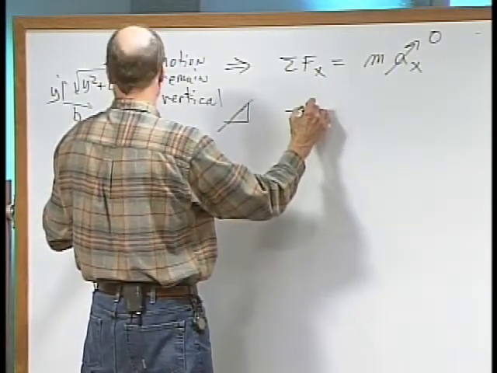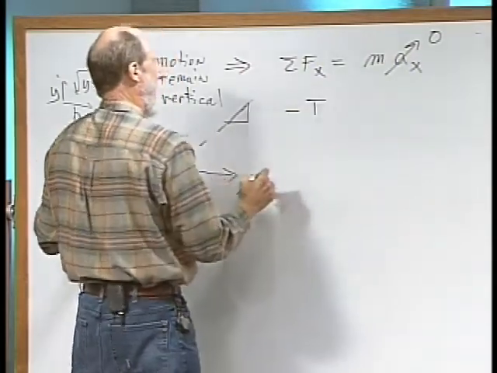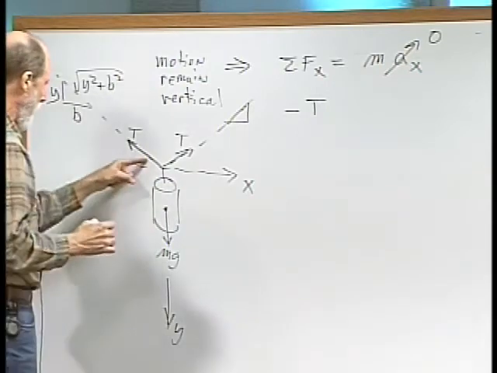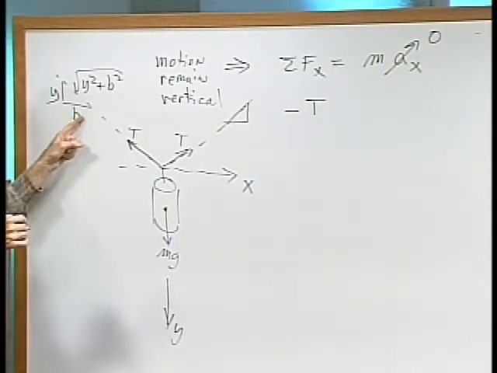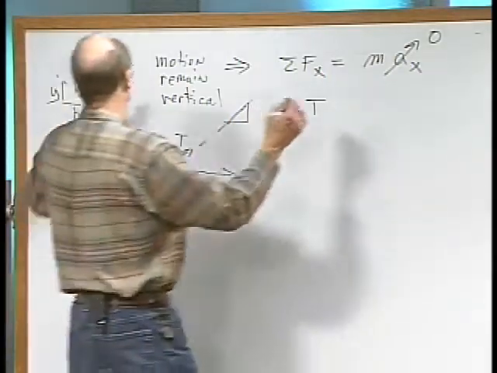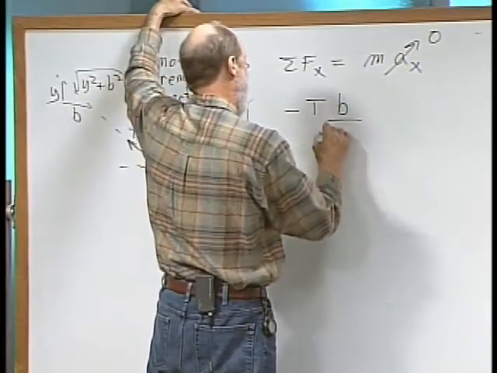So we have this force component to the left, T times the cosine of this angle. Well, you look up here, the cosine of this angle is b divided by the radical.